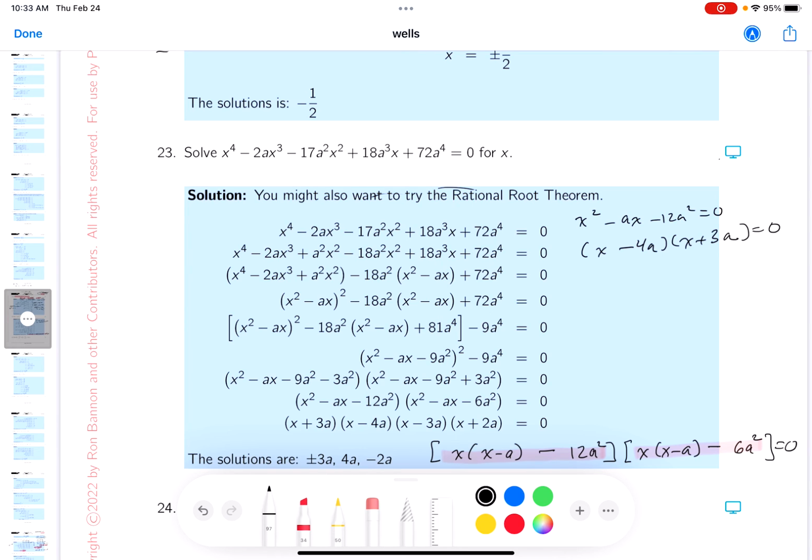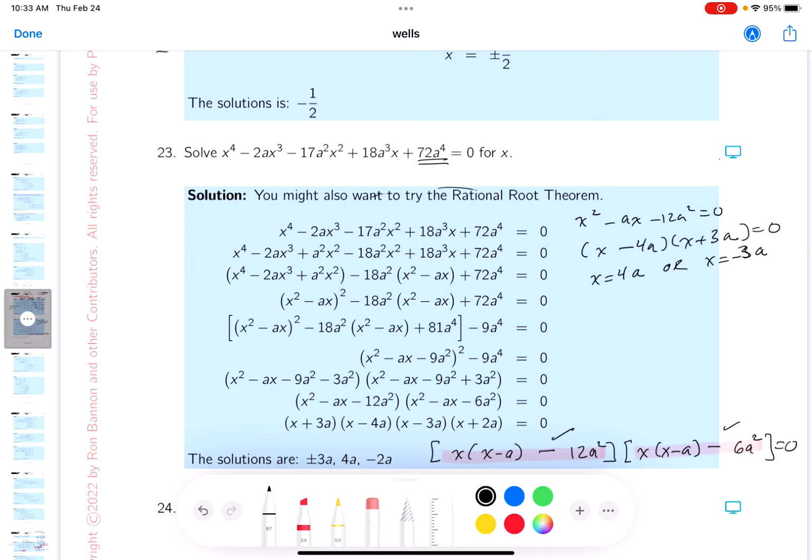It gives you x squared, yeah, minus ax. Yep. And then minus, yeah, looks good. So what's x? It could be 4a, or it could be minus 3a. By the way, that's in the list of rational roots. If you want to check it, you can check it. I'm just going to check in the key when I'm done.